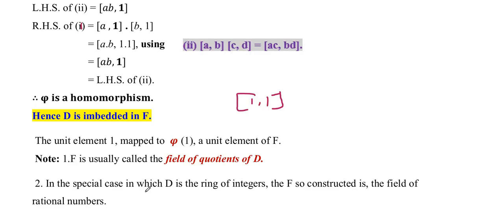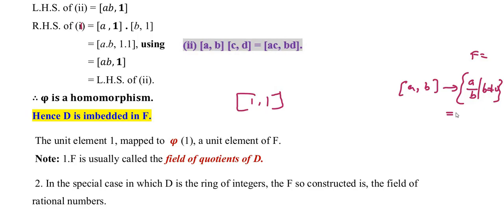And in the special case in which D is the ring of integers, the F so constructed is the field of rational numbers. So this AB is treated as A by B. So collection of all A by B with B not equal to 0, we denote that as F, this is what we chose.